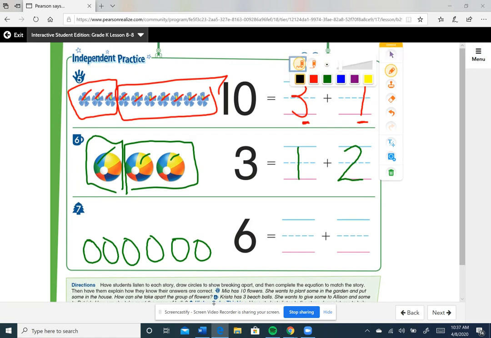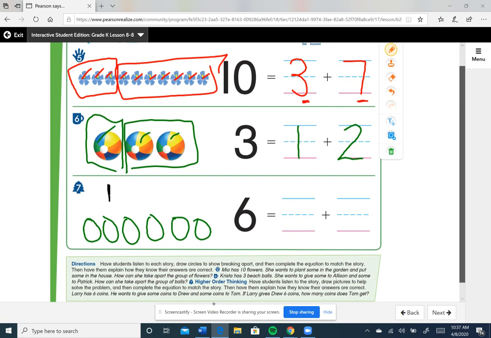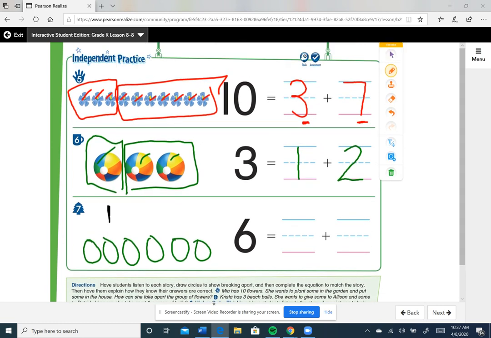And then I'm going to write a T for Tom and a D for Drew, okay? And I'm just going to draw a line from the coin to the person's letter to show who gets the coins.